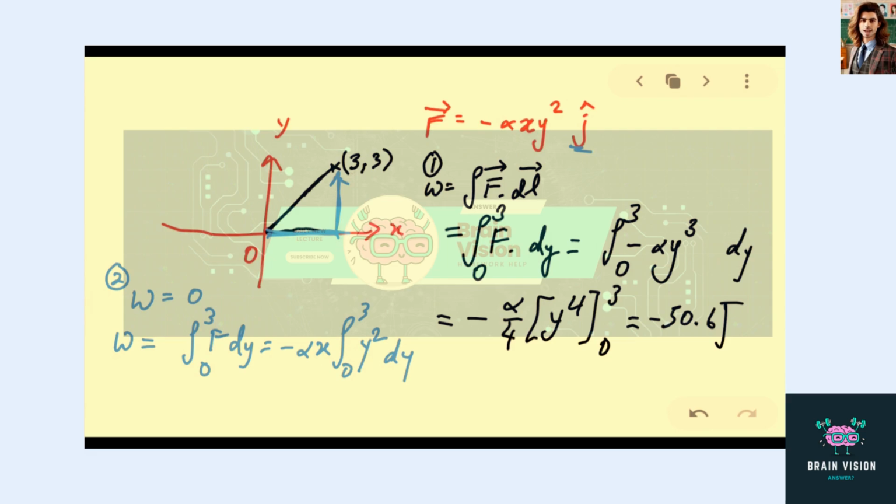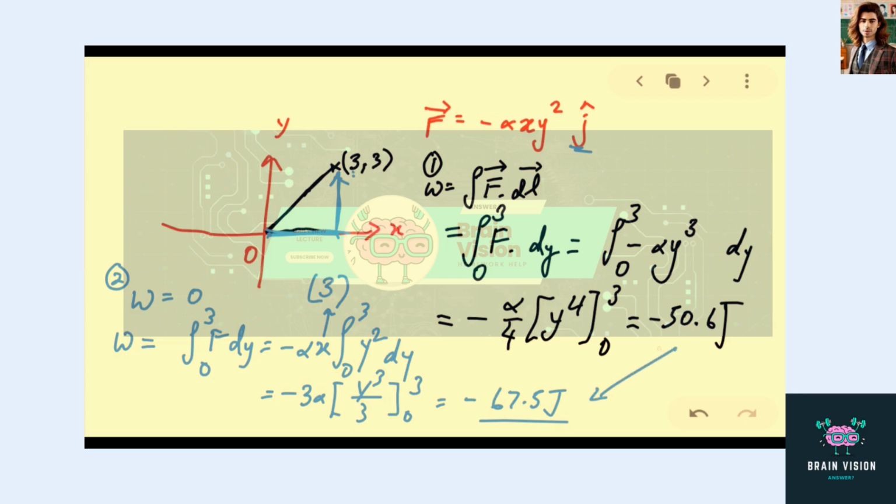Now our x being a constant is already at 3, so our x is equals to 3. So negative 3 alpha times y cubed over 3 from 0 to 3. Substituting what alpha is, which is 2.5 newtons per meter, we should get work done to be negative 67.5 joules.